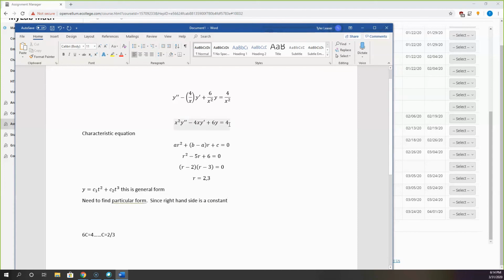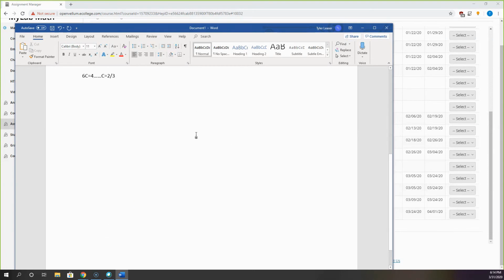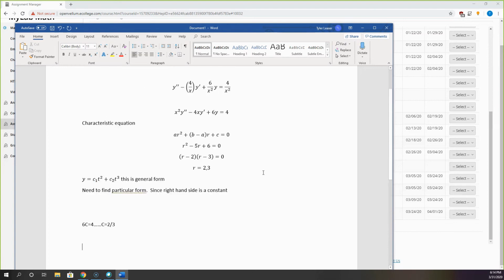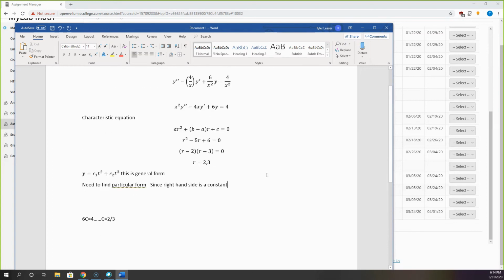If this has an x here, like a 4x, then you would try a linear thing. Okay, that makes sense. If we didn't have a 4x, we would try something like a1x plus a2, something like that. Gotcha. Okay. That makes sense.